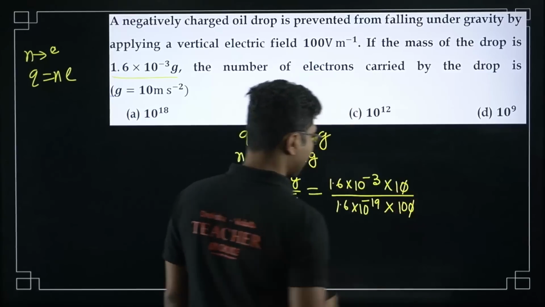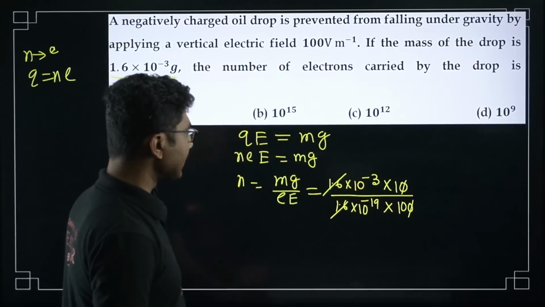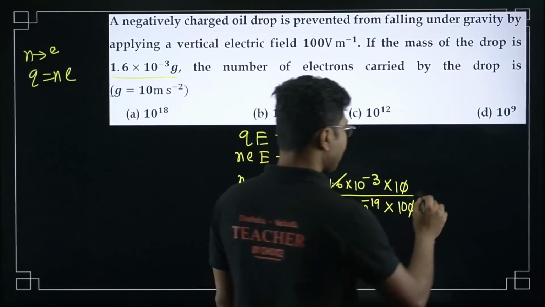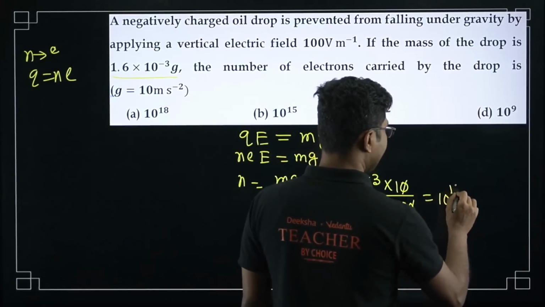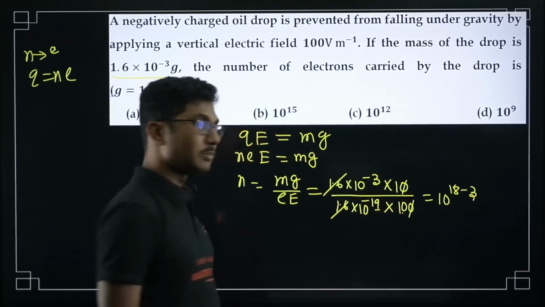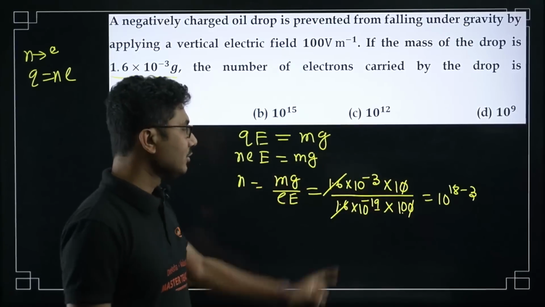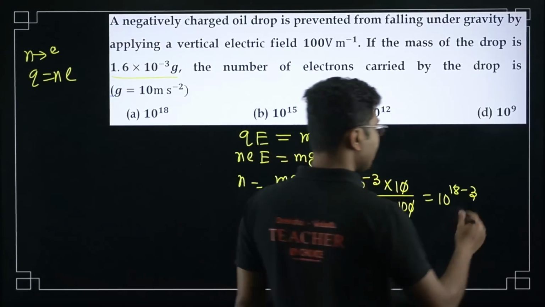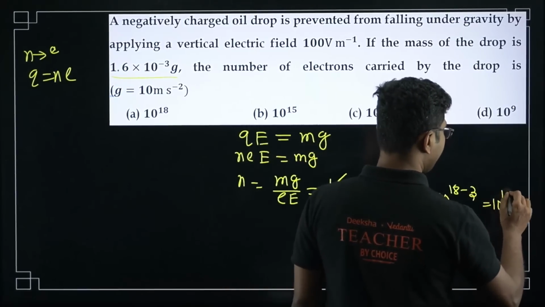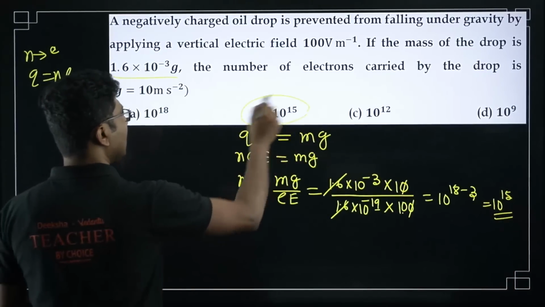So 10 and 10 cancel, obviously 1.6 cancels, and you get 10 to the power of minus 3 plus 19 minus 2. Minus 18 goes up, becomes plus 18. So plus 18 minus 3, it will become 10 to the power of 15. So 10 to the power of 15 electrons are present in the drop.